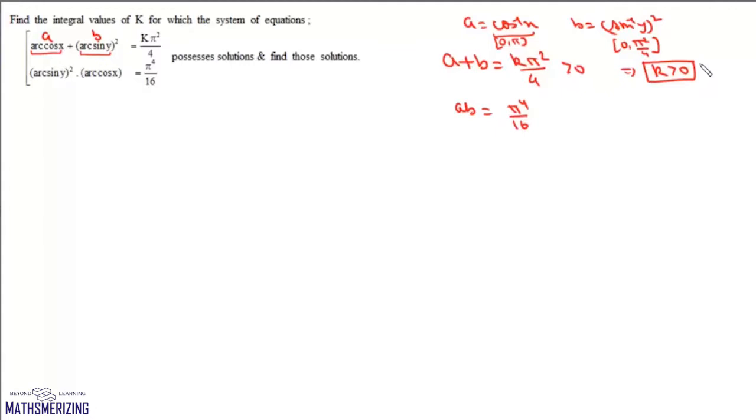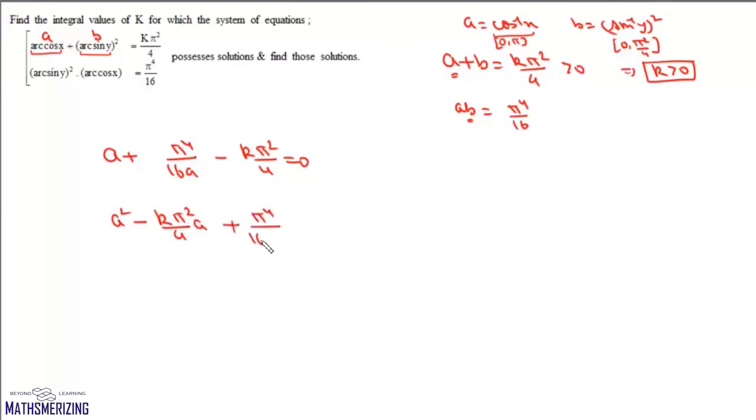For that we'll find a by eliminating b. So we can write this as a plus pi to the power 4 upon 16a minus k pi square by 4 equals 0. So we'll write a square minus k pi square by 4 into a plus pi to the power 4 upon 16 equals 0. We'll solve this quadratic equation to find the value of a.